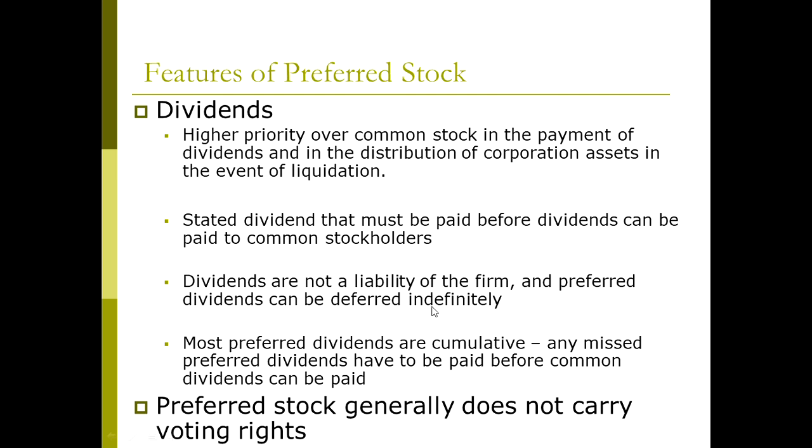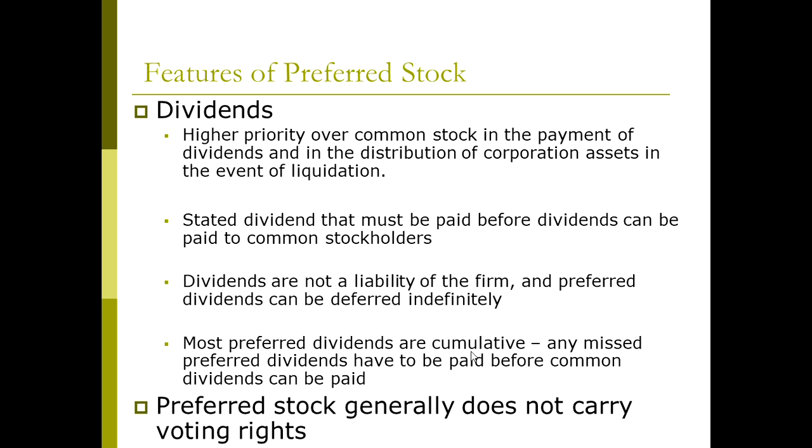The preferred stock dividends are not a liability of the firm, and they can be deferred indefinitely, which means if the company is not really doing well, they don't really have to pay the promised preferred stock dividends. They can defer them indefinitely. Most preferred stock dividends are cumulative, meaning yes, you can defer them, but if you miss any preferred stock dividends, you have to pay them back cumulatively before any common stock dividends can be paid.